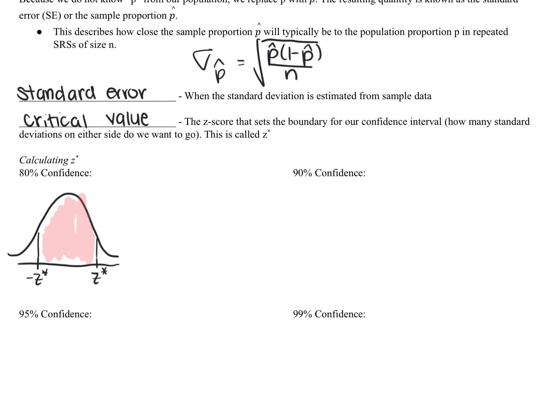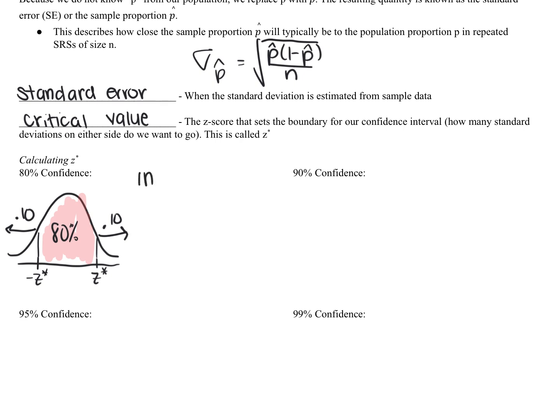So this middle part here is our middle 80%, which leaves us with 20% split evenly above and below. So 10% above and 10% below. Our z critical values are for that 10% below and above.